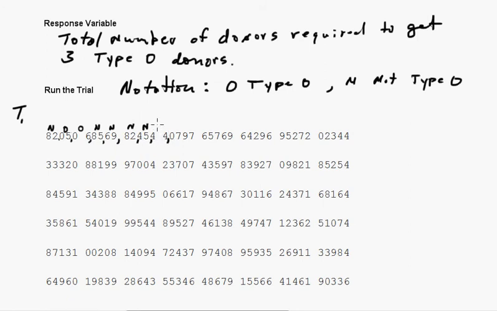Ooh, 44, close, but no spaghetti. And then finally, bingo. So we got 1, 2, 3, 4, 5, 6, 7, 8, 9. So 9.